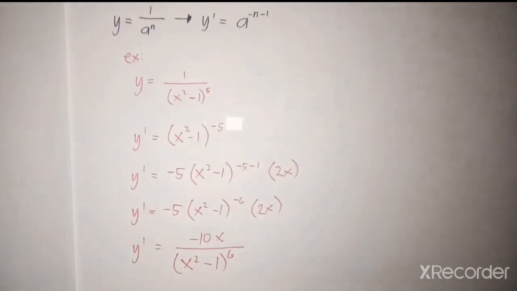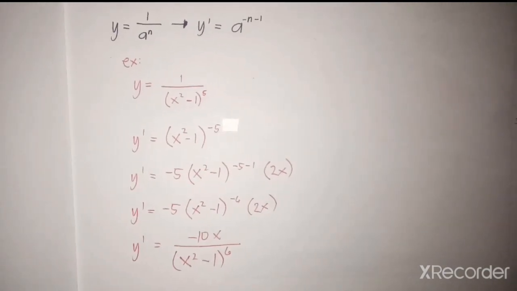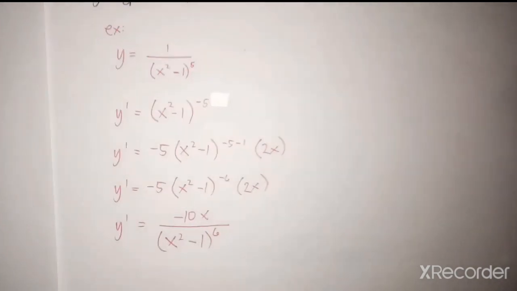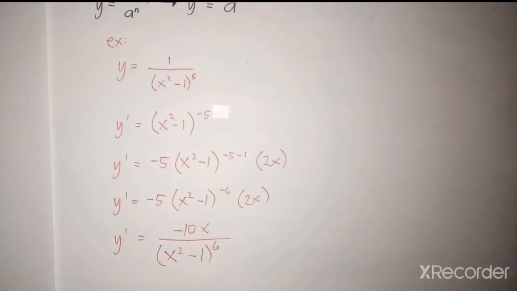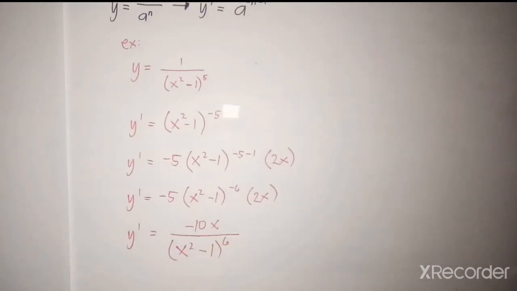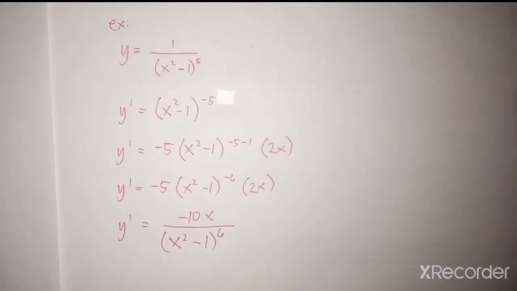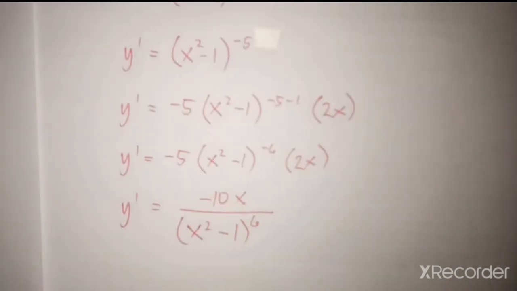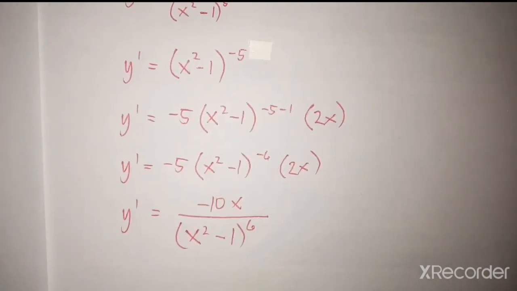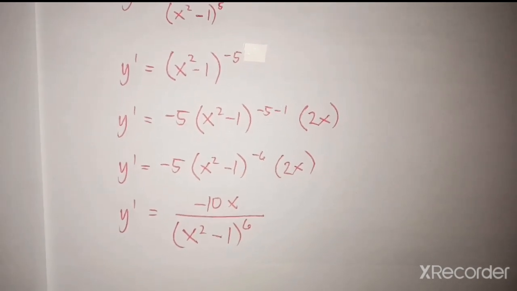Y prime is equal to negative 5 times the quantity of x squared minus 1 to the power of negative 5 minus 1 times the quantity of 2x. Then y prime is equal to negative 5 times the quantity of x squared minus 1 to the power of negative 6 times the quantity of 2x. Then the answer is y prime is equal to negative 10x over the quantity of x squared minus 1 to the power of 6.